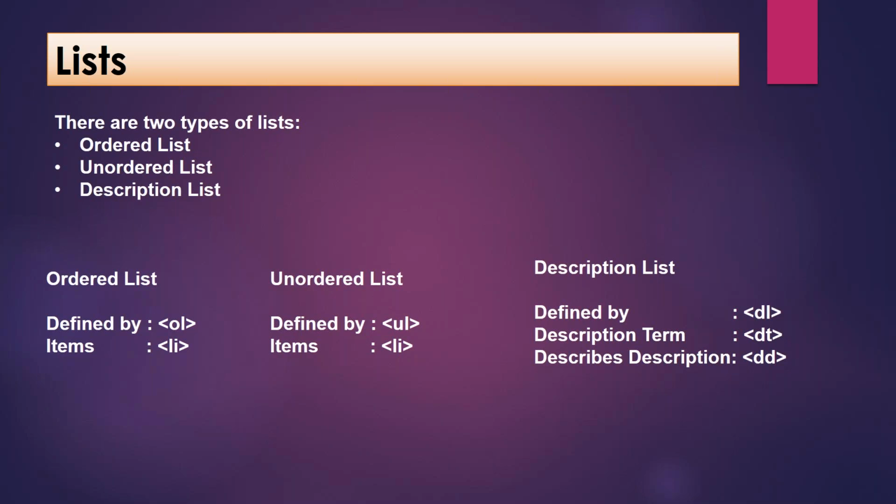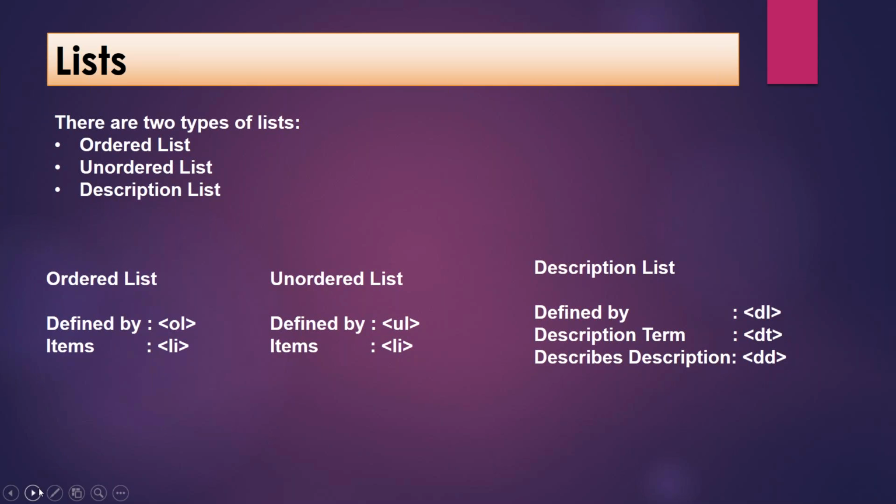So description list, description term, and describes description. It's kind of like a tongue twister. So just make it a point to remember: description list DL, description term DT, and describes description DD.